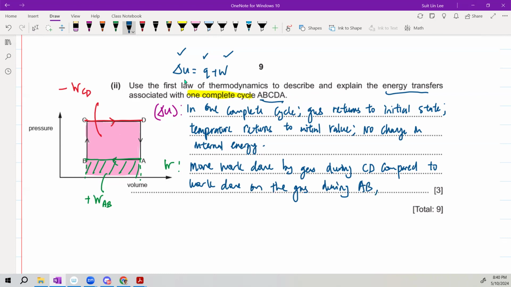And because of this, the net or the resultant work done of the cycle is negative, because the negative area is bigger than the positive area.